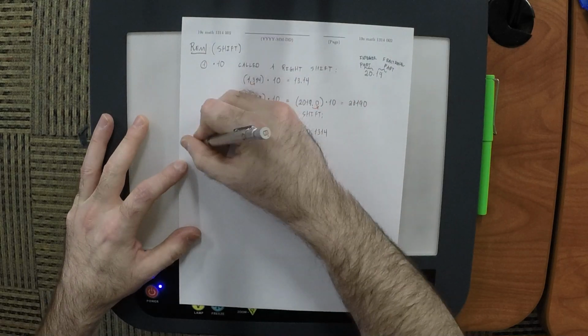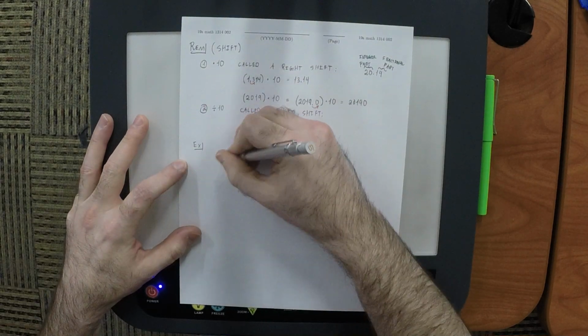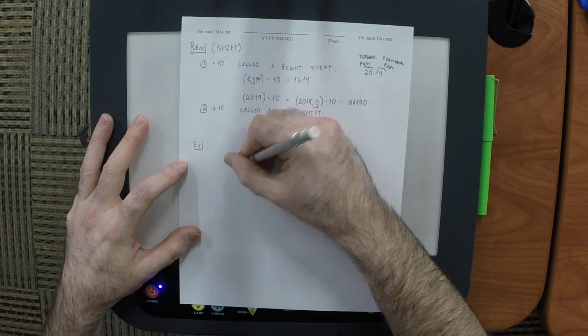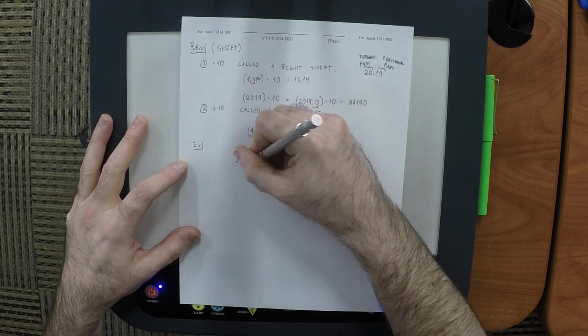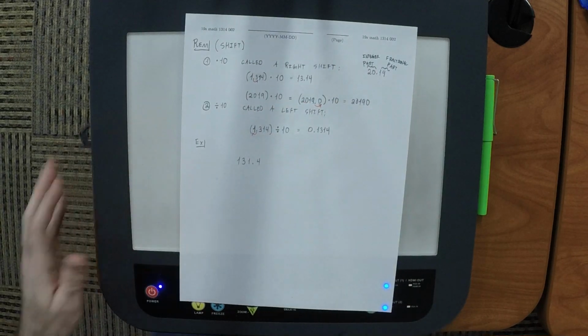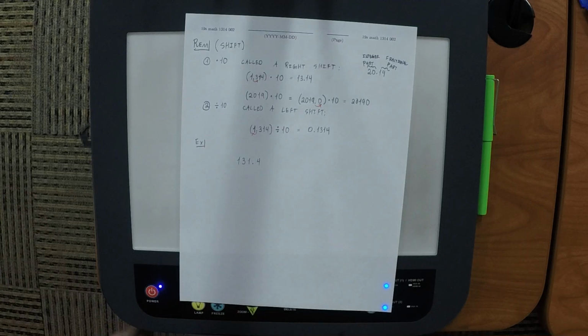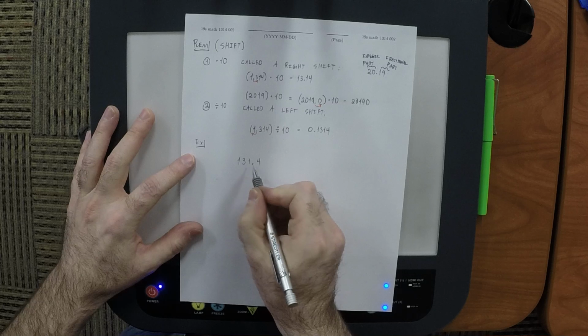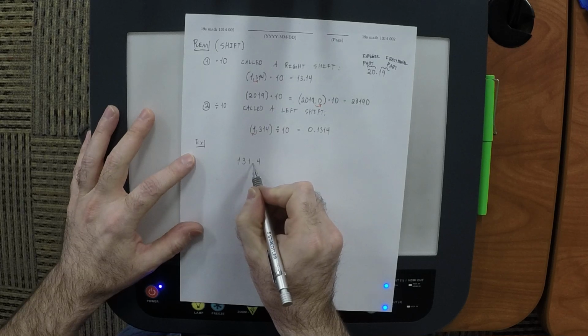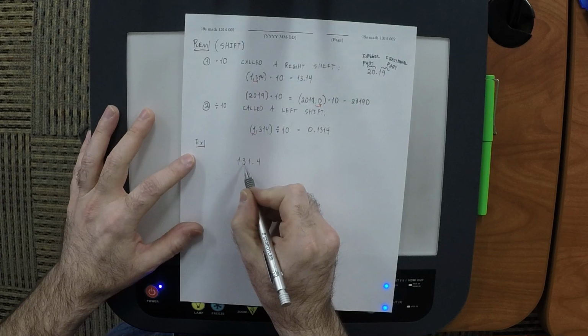So, to that end, I'd like for you to observe the following. Suppose we have this number, 131.4. Observe that the integer part has 3 digits, 131.